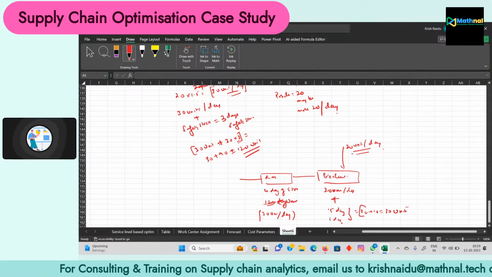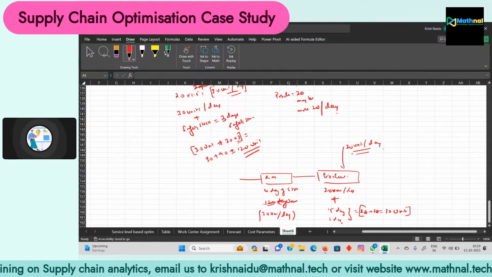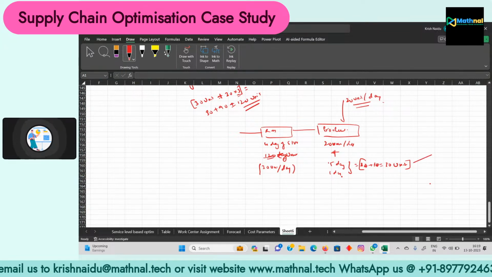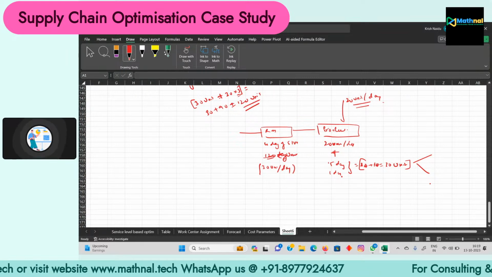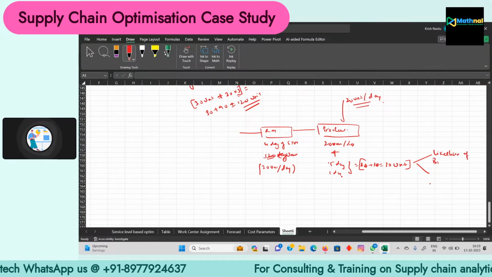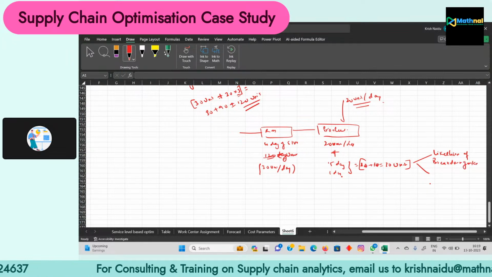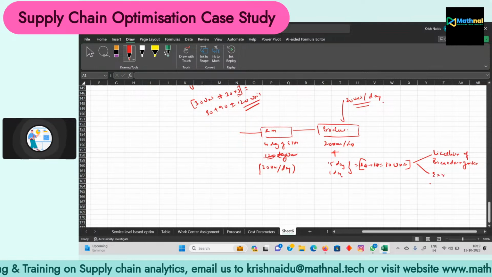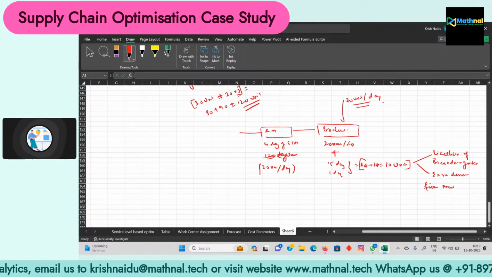I'm doing this because I may have some extra requirement from the customer, or some idle time because of a breakdown of the machine. So I'm doing this 0.5 day extra production for two reasons: the likelihood of breakdown of machines, or some extra demand from a new customer or the old customers.